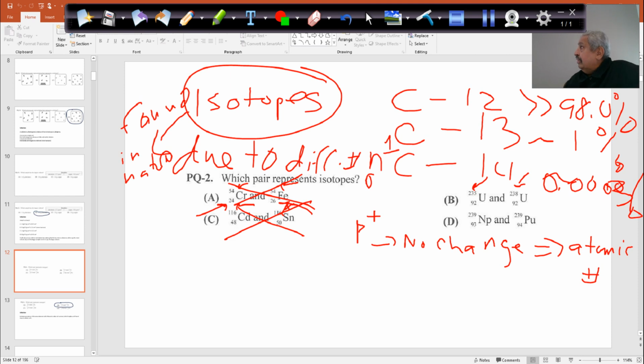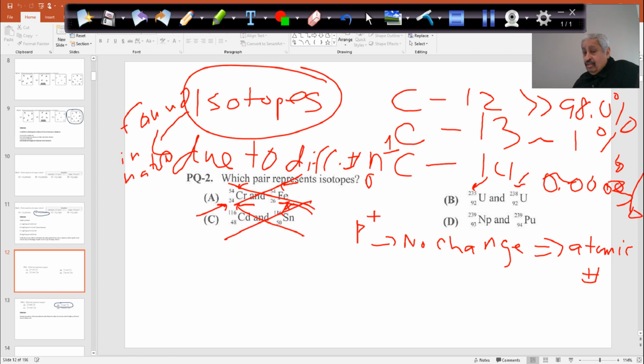Like carbon 12, carbon 13, carbon 14, the atomic number is 6. The first isotope, the most abundant, has atomic mass 12, the second, less abundant, 13, and the least abundant is 14. But for all of them, the carbon atomic number is 6. Are you following me here?